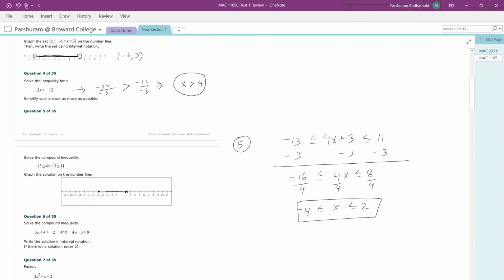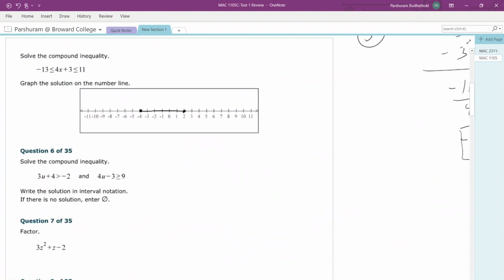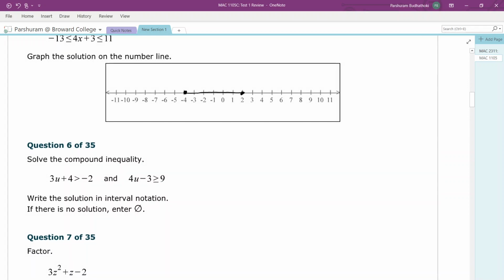The next problem is problem 6. Once again, solve the compound inequality. We're going to solve the left inequality and the right inequality, and the final solution would be the intersection of the solution for the left one and the solution for the right one, because there is an and.